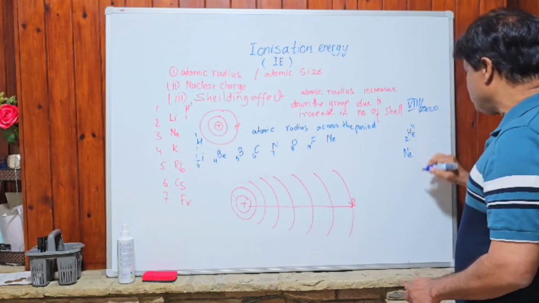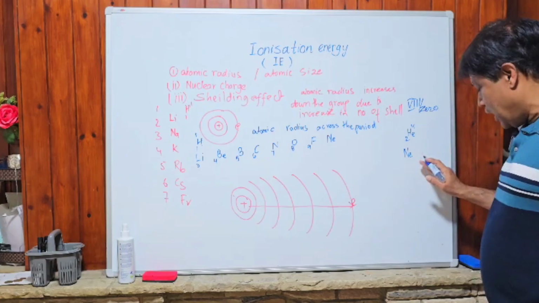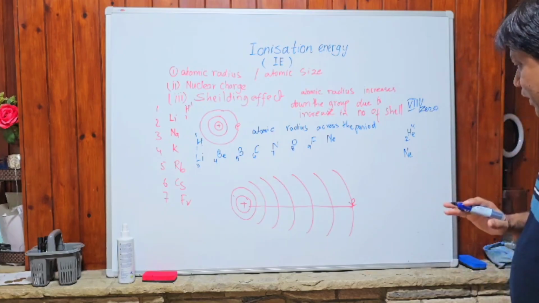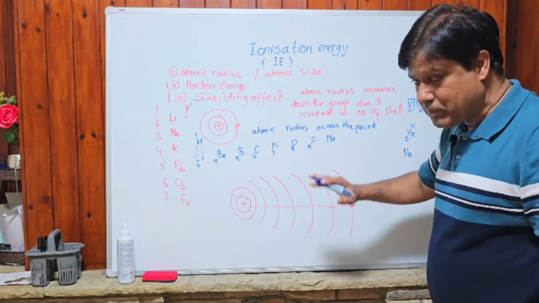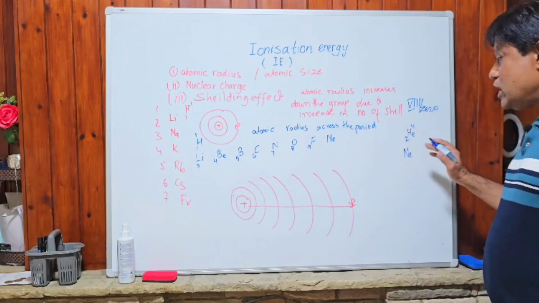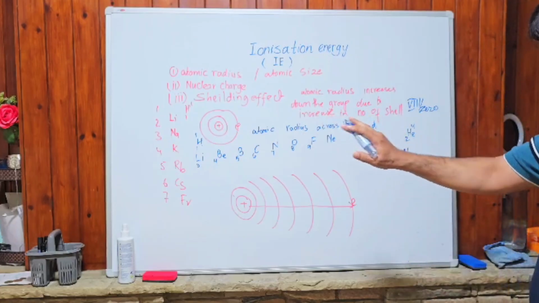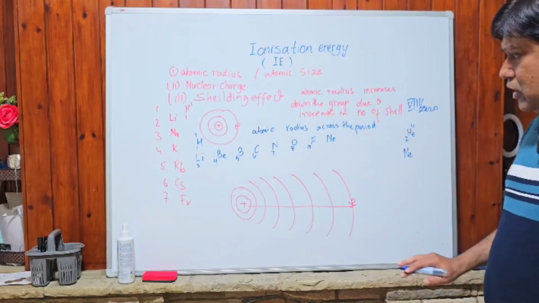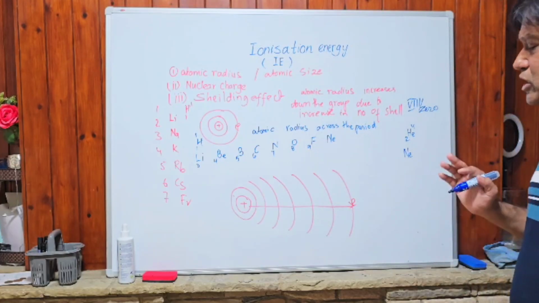Why are they called group 0? The outer shell of these elements is completely filled. They do not easily participate in any chemical bond, and the ionization energy of these elements is the highest when we move across the period. Let's see how the trends of ionization energy change.